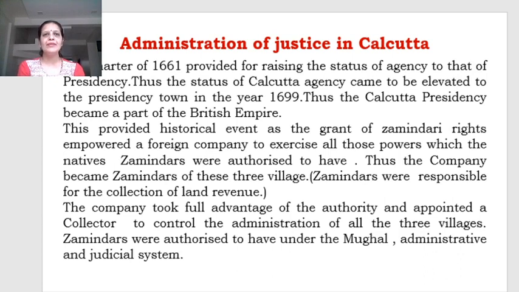Thus, the company became zamindars of these three villages, and in those times zamindars were responsible for the collection of land revenue. The company took full advantage of the authority and appointed a collector to control the administration of all these three villages. The zamindars were authorized to have powers under the Mughal administrative and judicial system.